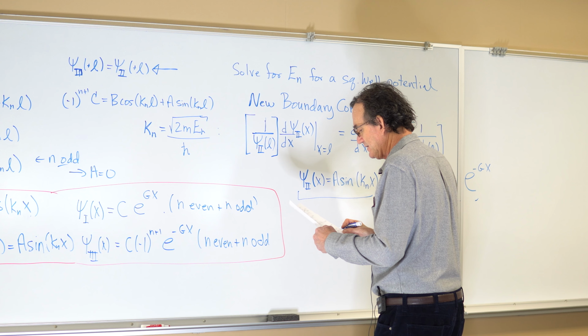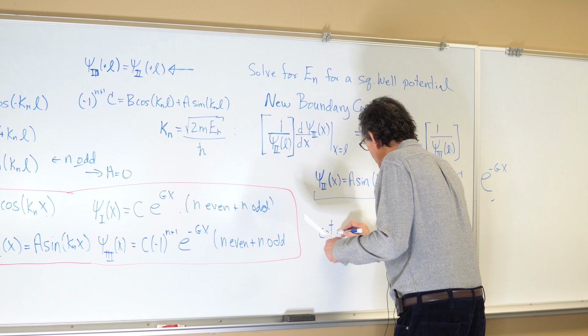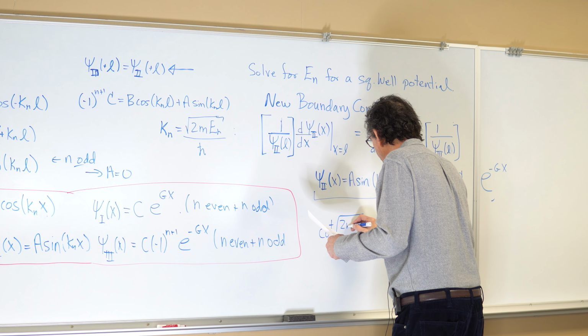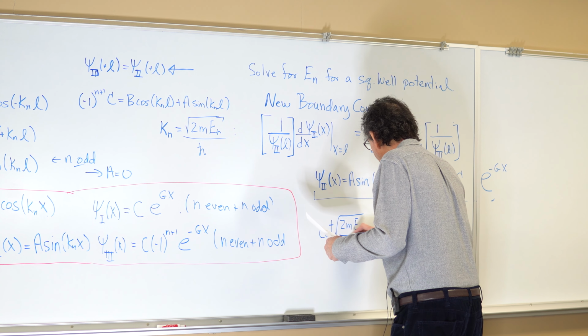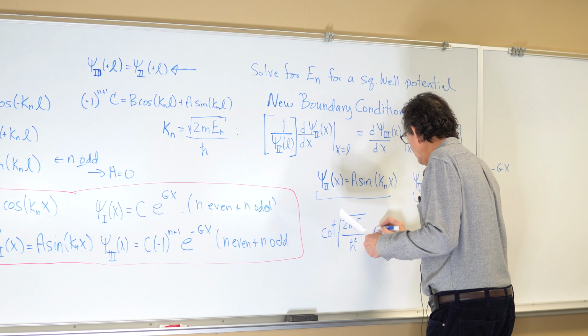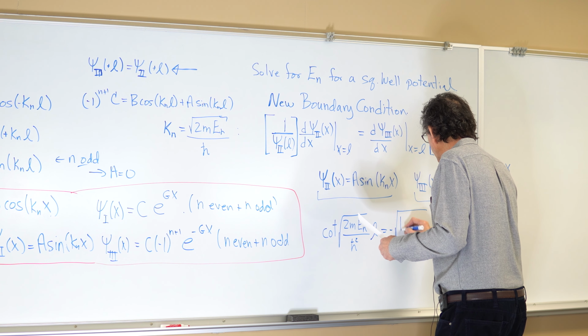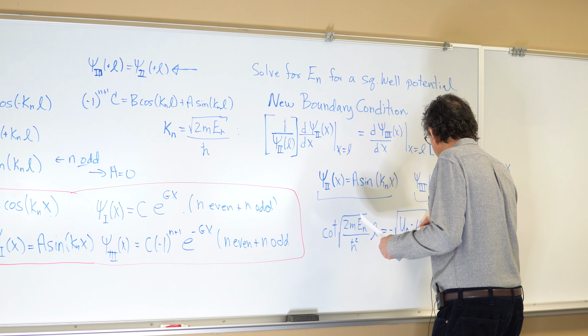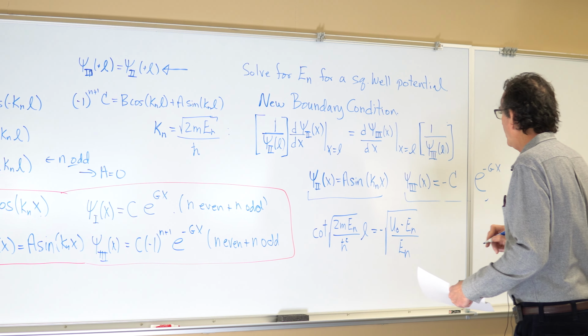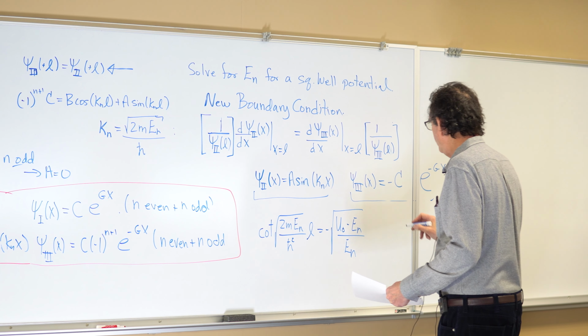And that is that we can write that the cotangent of the square root of 2m e sub n divided by h bar squared times L is equal to minus the square root of u0 minus en divided by en. And this is for n even.